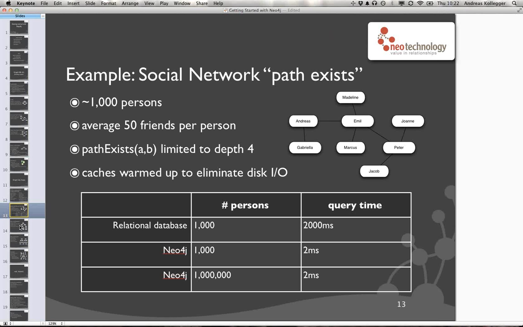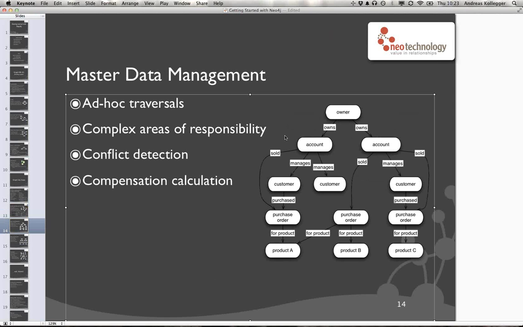All right, so let's move on and actually look at some specific use cases. I'd mentioned master data management earlier. Master data management is a business level look at all the business entities and what's going on in your company. This is a highly simplified version of that, where the owner of the corporation has a couple different accounts, and those accounts result in different customers.